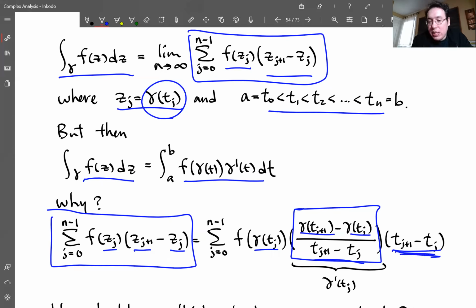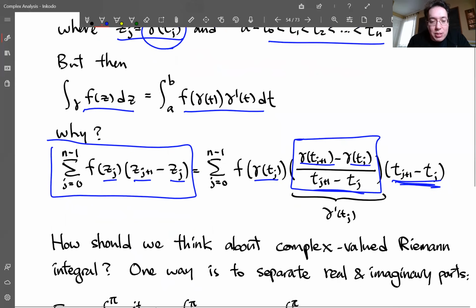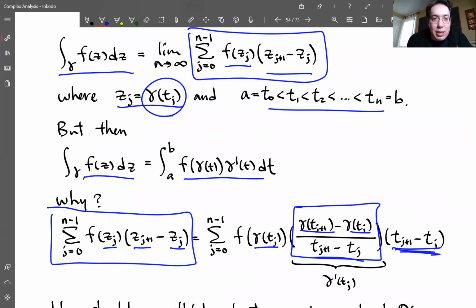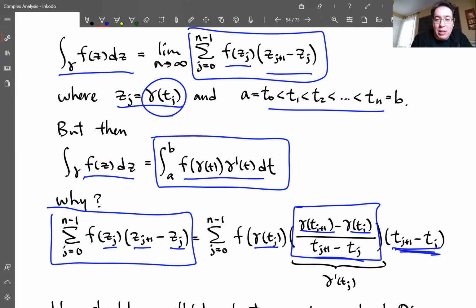And the difference in the t_j's will become the dt in the integration. So you can turn the complex line integral along a curve into a real Riemann integral by using this formula right here.